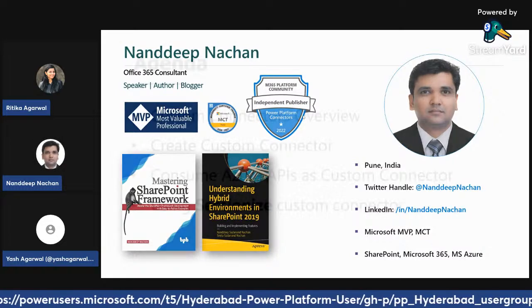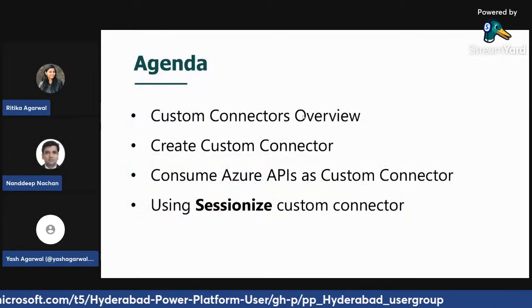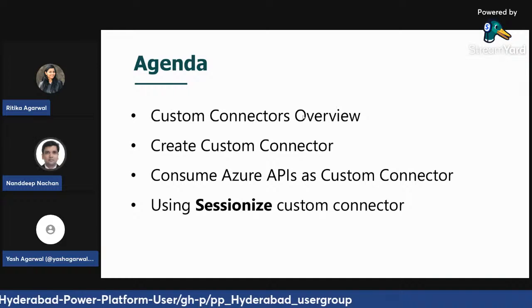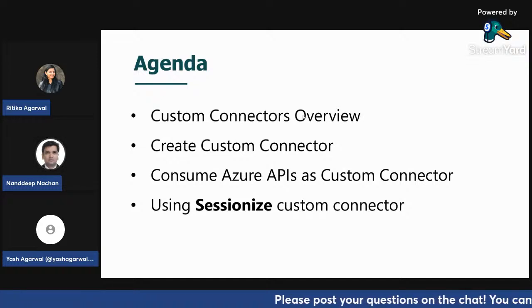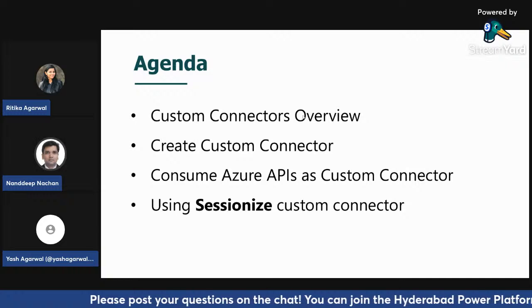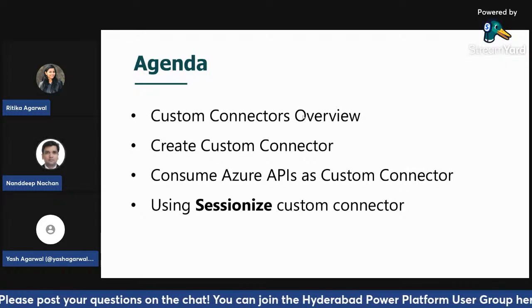The agenda for this session is we will have a look at the overview of custom connectors, what is meant by a custom connector, what is the significance and importance of having the custom connector, and then we will see how we can create our own custom connector.